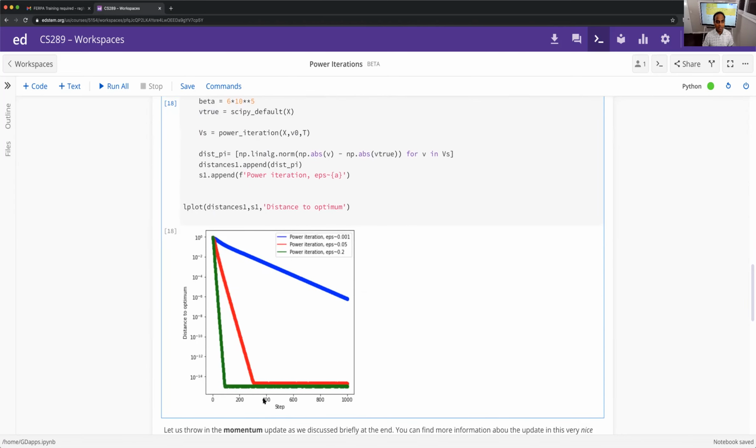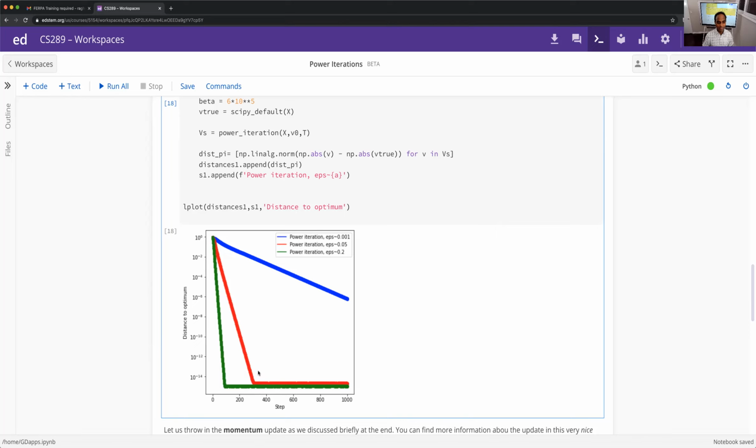And here you can see that as the gap increases, the number of iterations is decreasing. To get a desired error, the number of iterations required is very small. And you can also see that the convergence to the optimum has this line-like plot here.